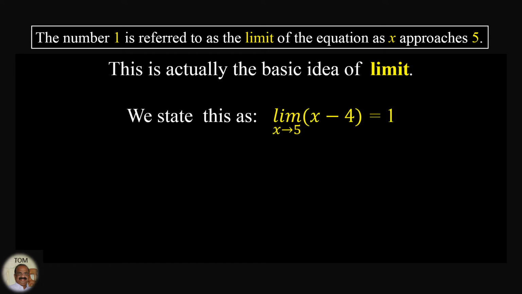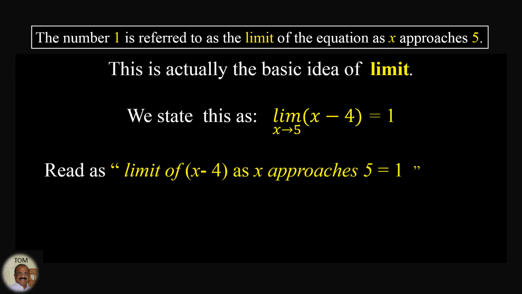We state this as limit of x minus 4 as x approaches 5 equal to 1. Or we can read it as limit of x minus 4 as x approaches 5 equal to 1.